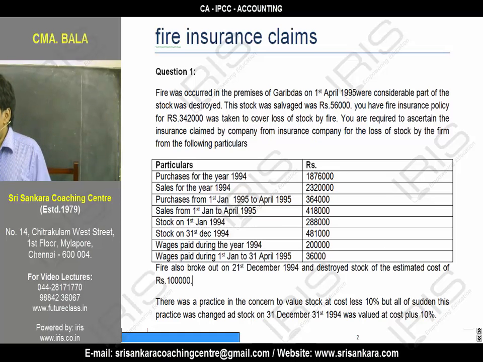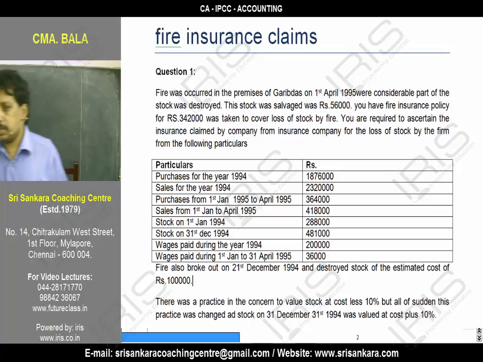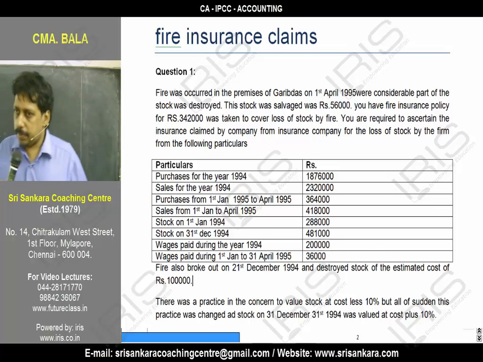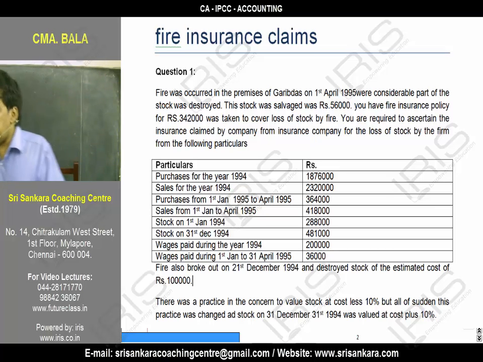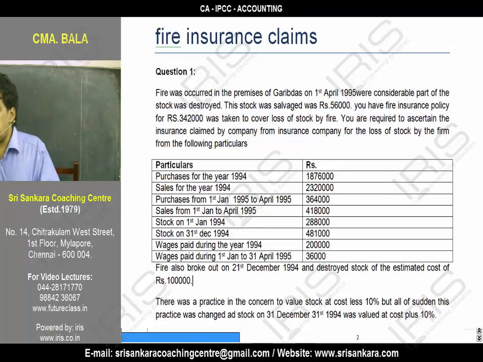GP by sales is called the GP margin. If it is GP by cost, it's called the markup. We say it's a markup percentage. Why markup? Cost plus profit equals selling price or sales. It's called the markup percentage.